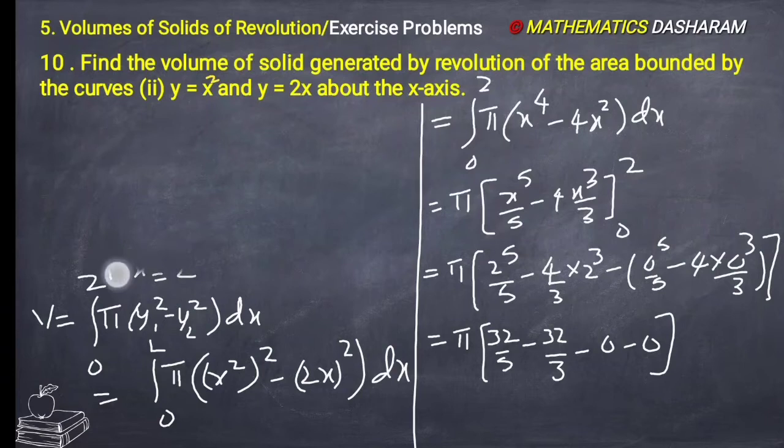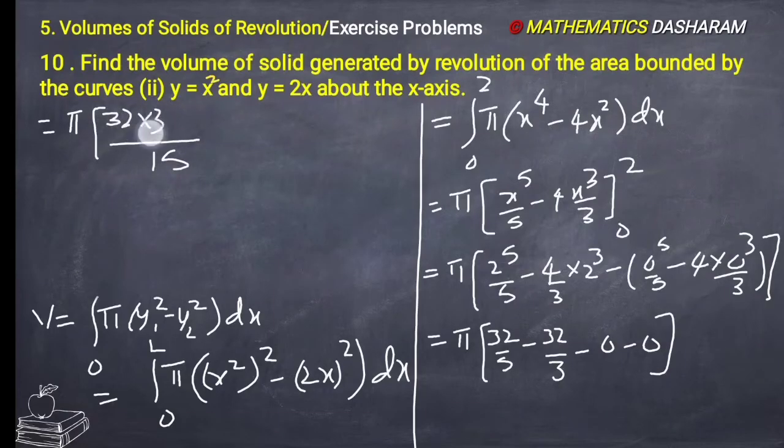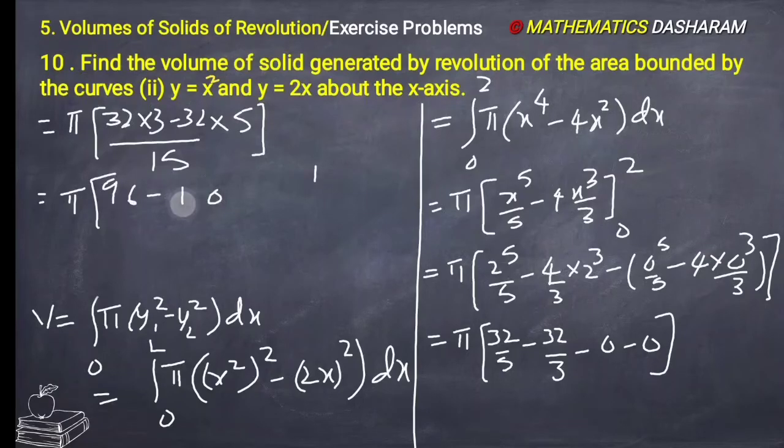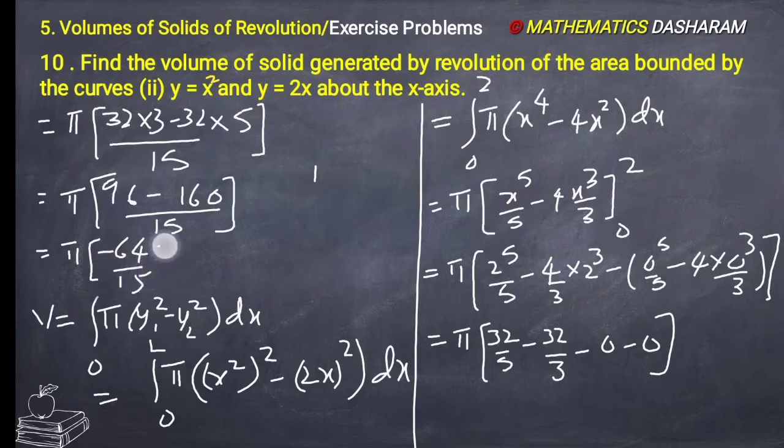So it equals pi bracket of 32 by 5 minus 4 into 8, that is 32 by 3, minus a total of 0. So it equals pi, here 5 and 3 have LCM 15. So 32 into 3 minus 32 into 5 by 15. So 96 minus 160 is minus 64 by 15.